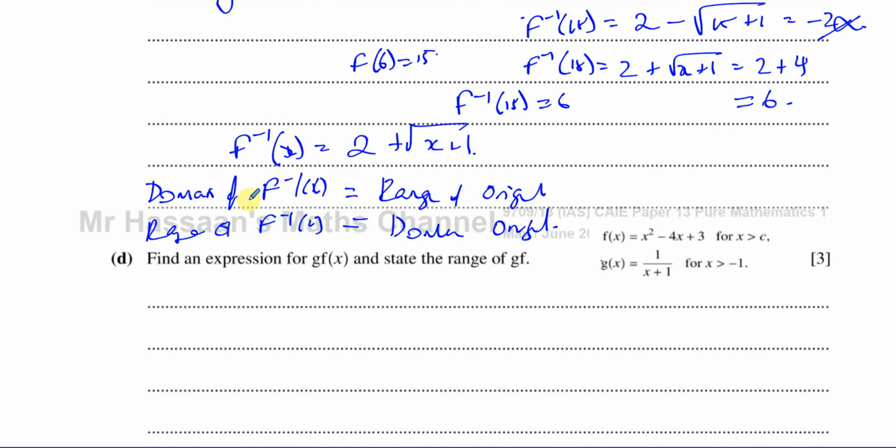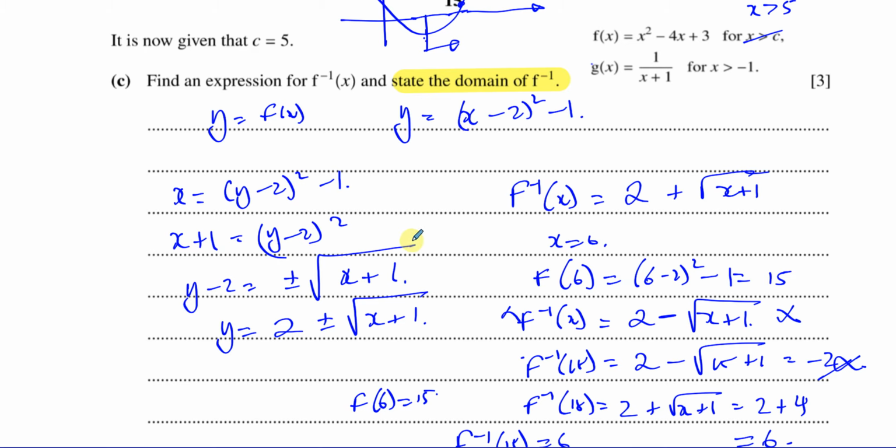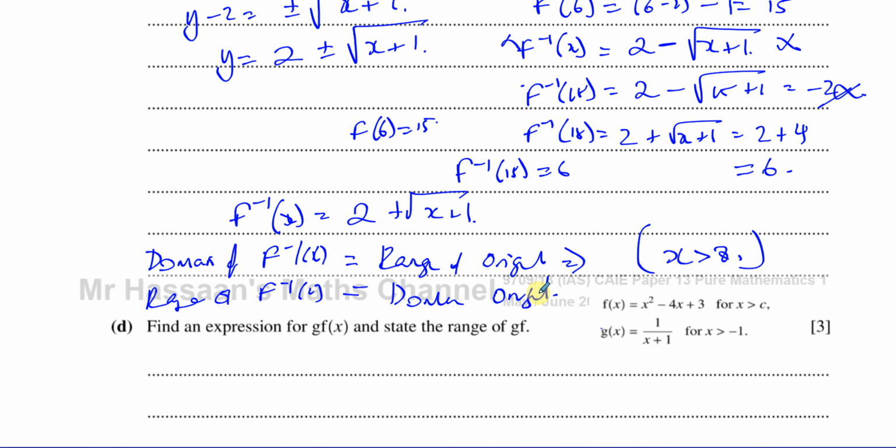So we can say here that the domain of the inverse is equal to the range of the original, which we're going to write in terms of x because we've got domain. x is greater than, not equal to, just greater than 8. There's your answer to part C: the domain of the inverse function is x greater than 8.